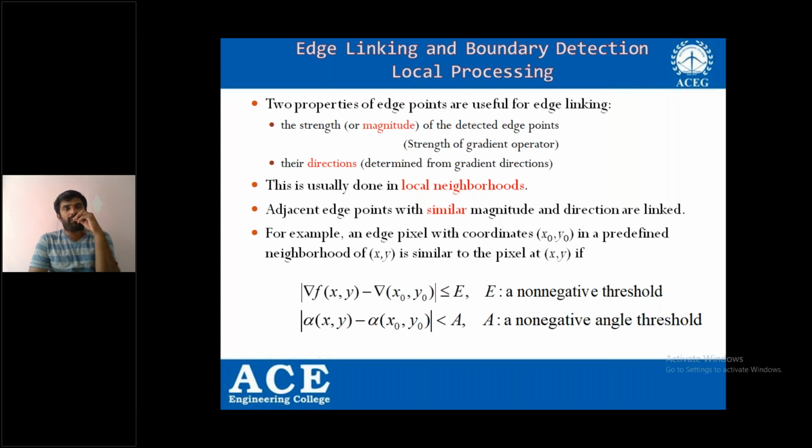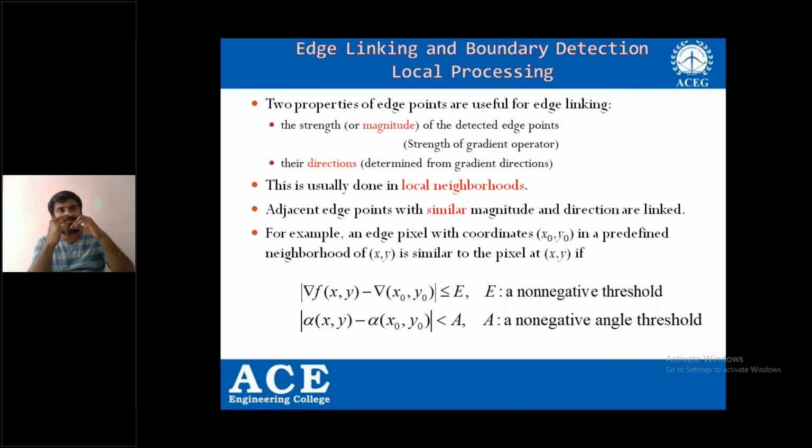But due to a problem in the capturing process, or in the edge detection process, if there are any breaks or discontinuities in the edge of the image, how do you decide whether the two edges belong to the same object?